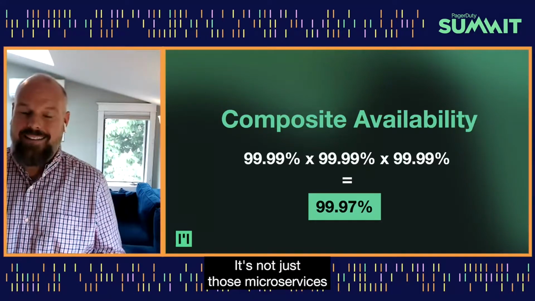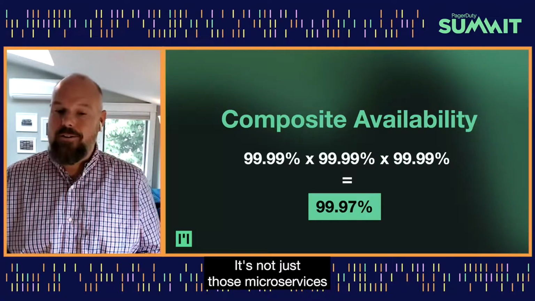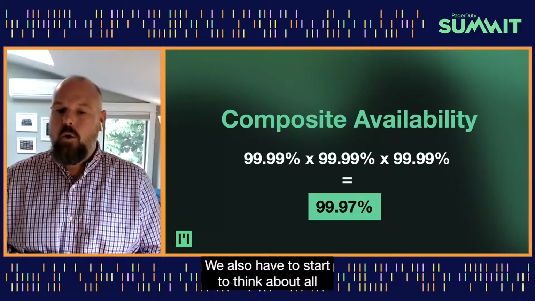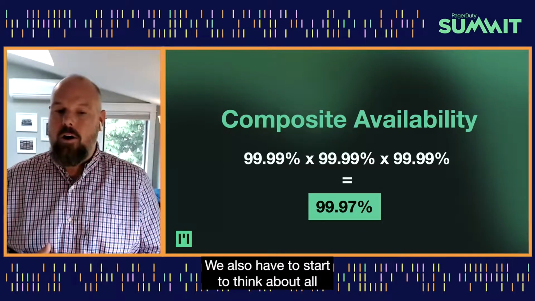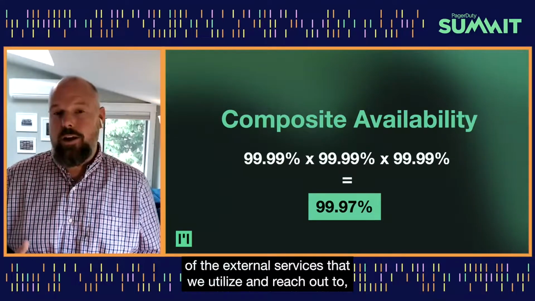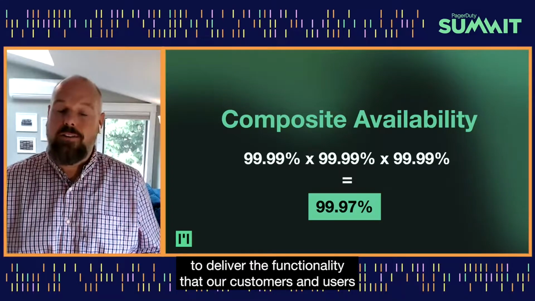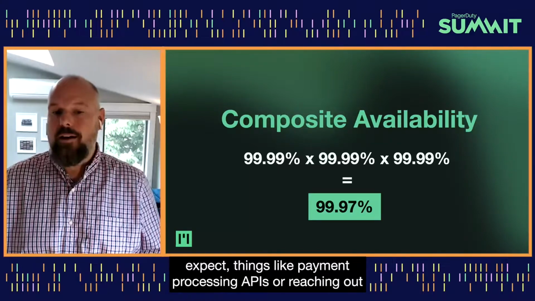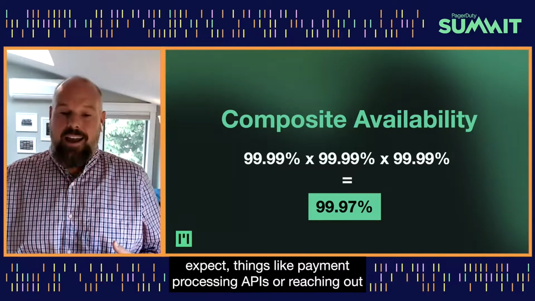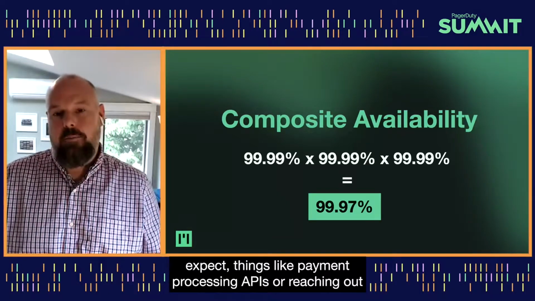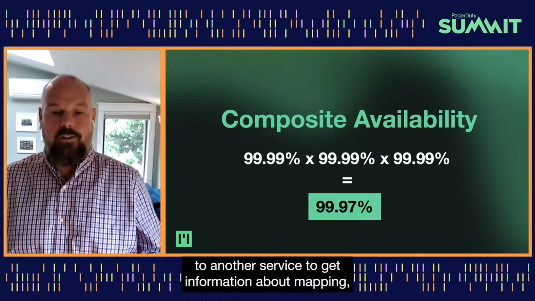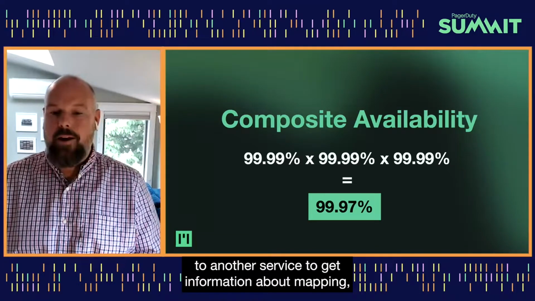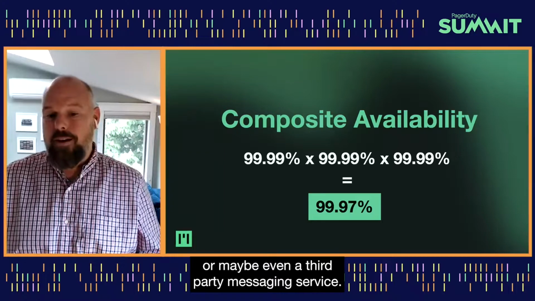But guess what? It's not just those microservices that our org maintains. We also have to start to think about all of the external services that we utilize and reach out to deliver the functionality that our customers and users expect. Things like payment processing APIs, or reaching out to another service to get information about mapping, or maybe even a third-party messaging service.